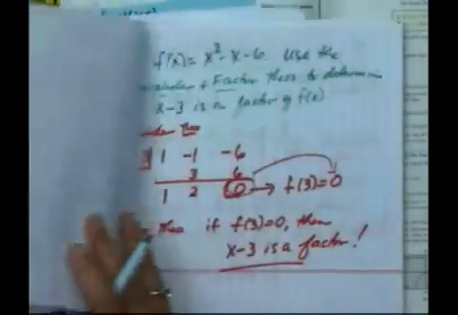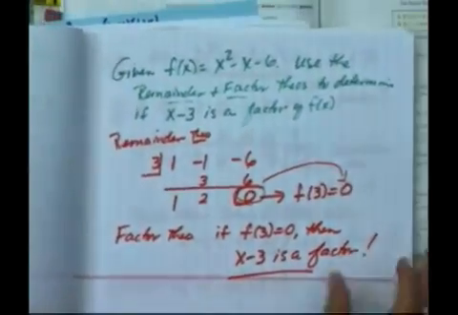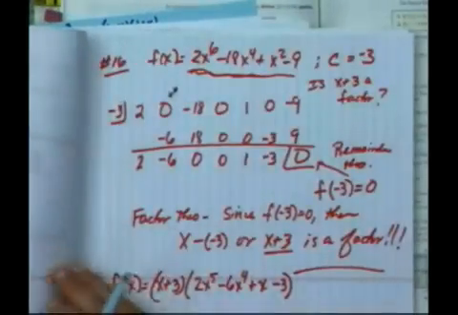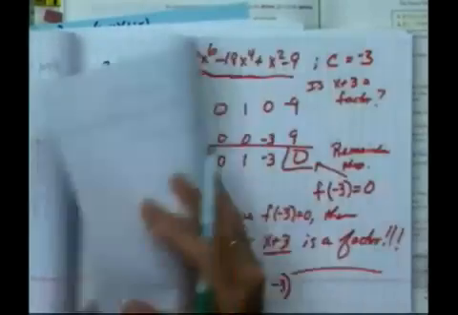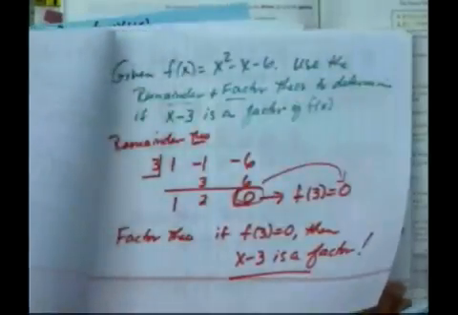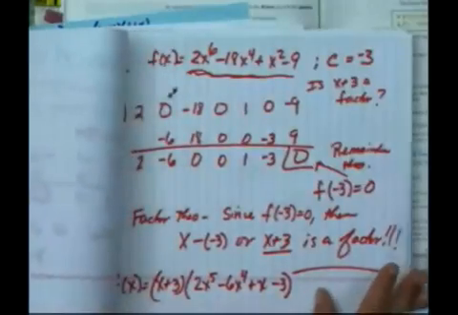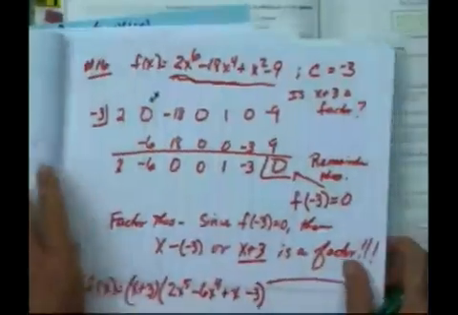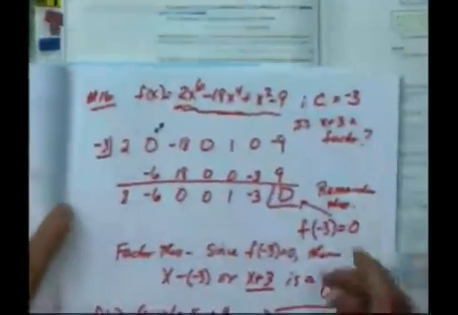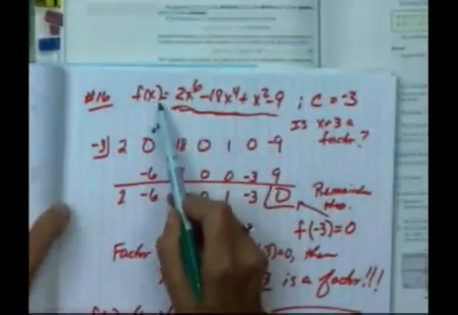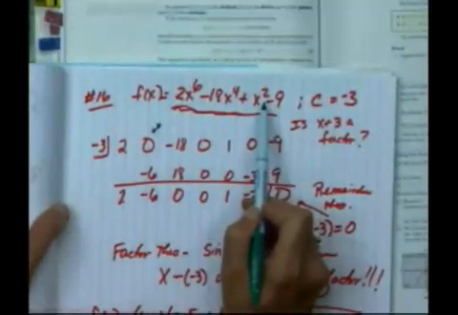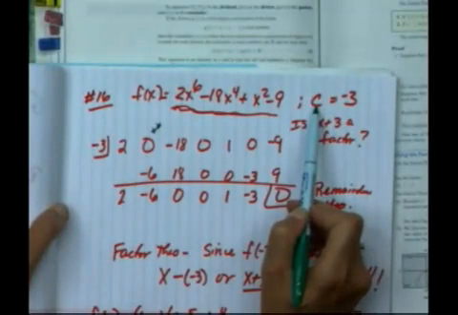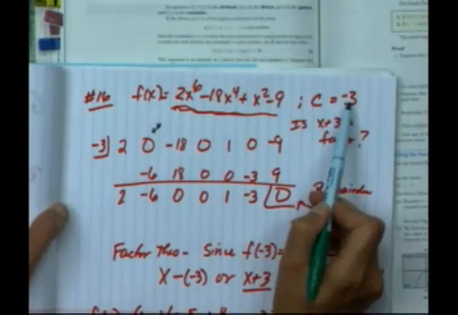I then showed you how we used, this is the same problem, isn't it? Oh, I did a different problem. Okay, thinking I did the same problem, but I didn't. We went to problem number 16 in the book, and we said, take this function, and we're going to divide it by x minus 3.